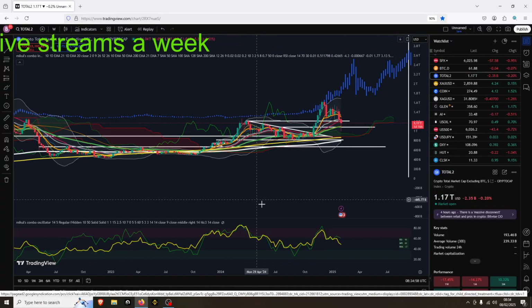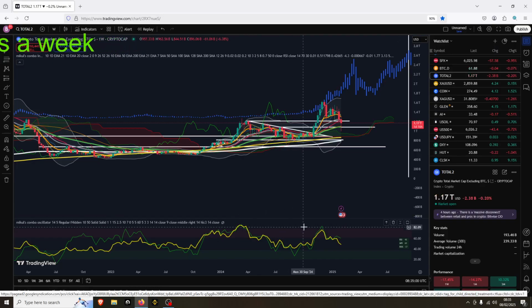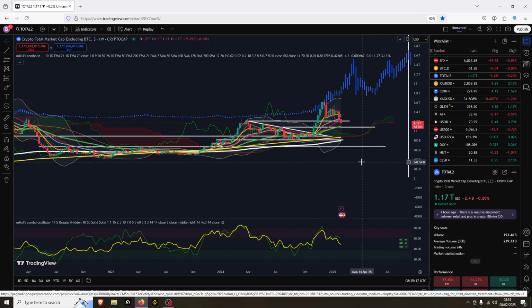Another Patreon member was saying about, is it Benjamin Cohen, and how he's expecting, or he's referring to, a deeper drop, to see Bitcoin in the 80s and Ethereum at 1,800 or something like that. That's what I was told.